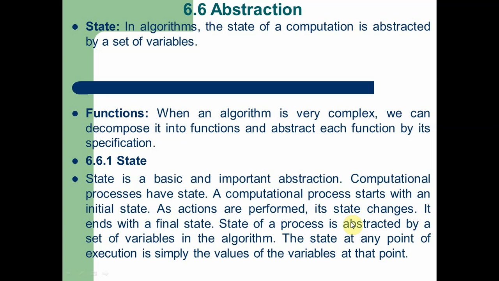So red, orange, and green are the different states of the traffic pole. It may vary depending upon the traffic. So sometimes it is red, sometimes orange, sometimes green. So depending upon the state, we proceed to the next level of computation. So state is a value of the variable which we use in the abstraction process or algorithm process.